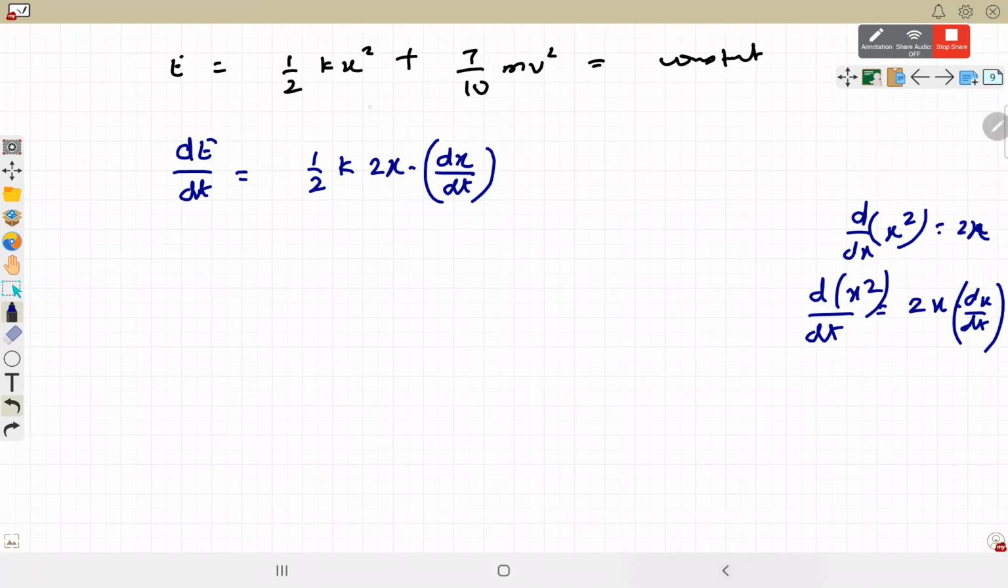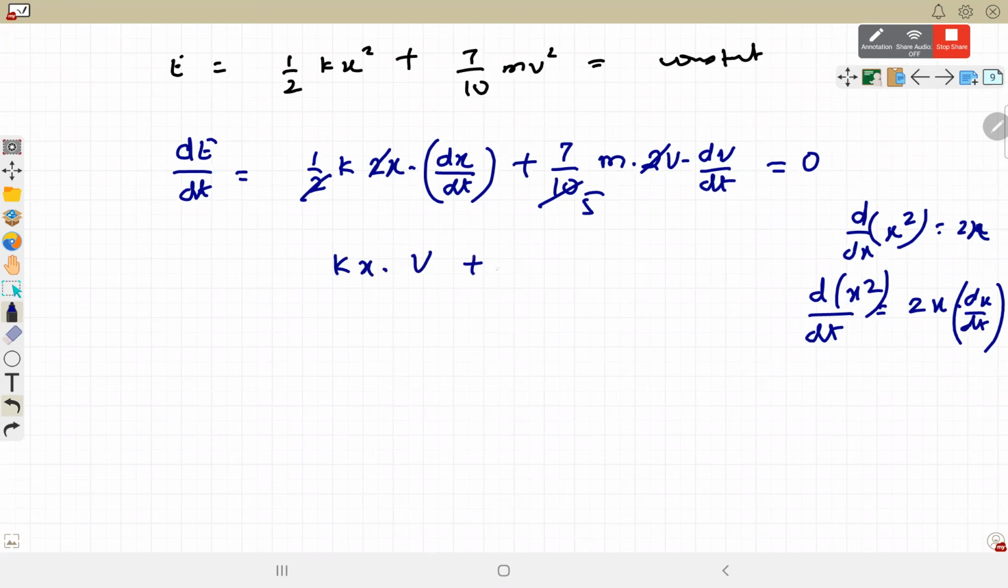So by that logic, x square का differentiation आया 2x into dx by dt plus 7/10 m, v square का आएगा 2v into dv by dt, and that should be equal to 0. Now ये 2 से 2 gone, 2 से become 5, k into x, dx by dt को v लिख लेते हैं, plus 7/5 mv, dv by dt is acceleration, v also gone. 7/5 ma is equal to minus kx.